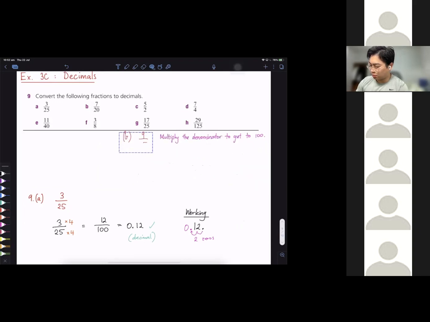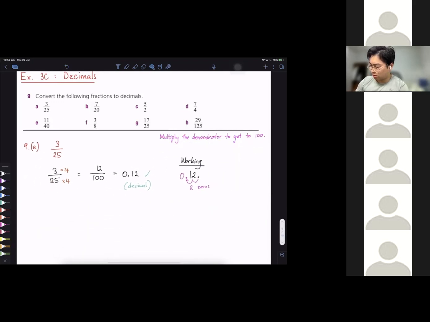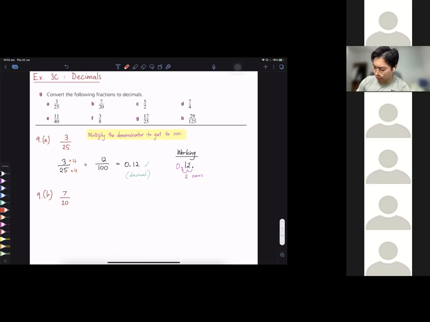Now just get rid of this here, so we have a bit more space to play around with. I think this is the main goal for now: multiply the denominator to get to 100. All right, I want you to try it for 7 over 20.